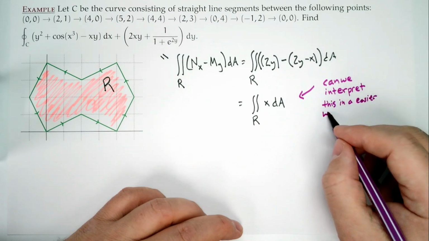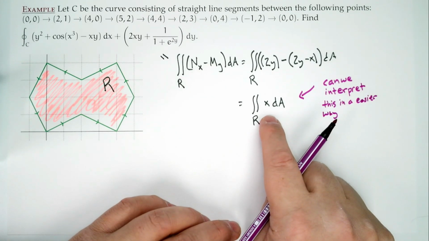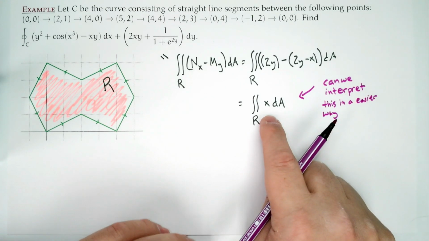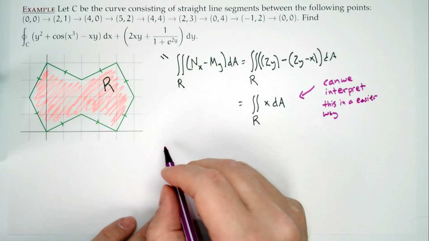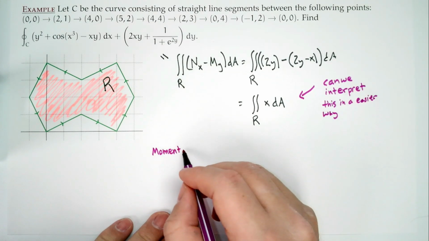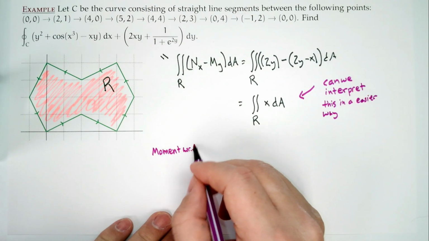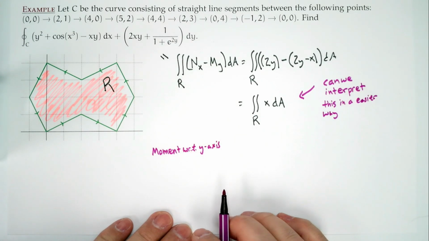Now, one of the things you might think is, well, there's an x, so one way to think of this is as a moment with respect to the y-axis. Yes?